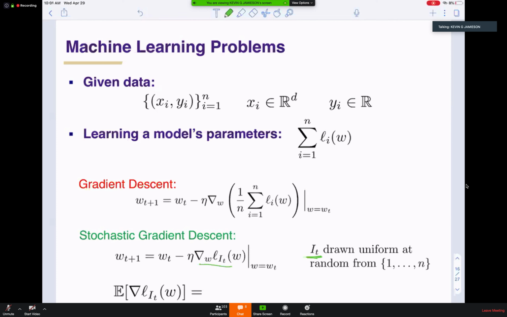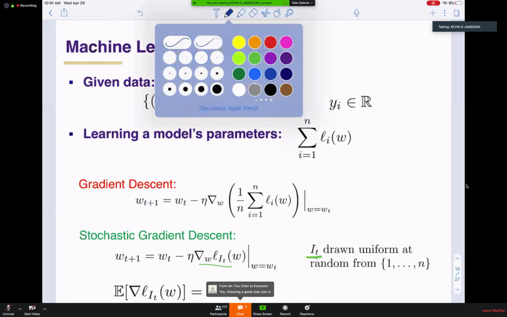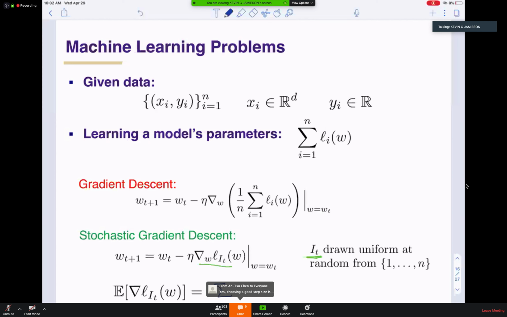And now it's pretty easy to see this expectation. What is this expectation equal to? It's equal to the sum over all possible values that I_t can take, the probability that I_t is equal to i, times the gradient of L_i of W. But I_t was drawn uniformly at random from 1 to n, so each one of these probabilities is equal to 1 over n.